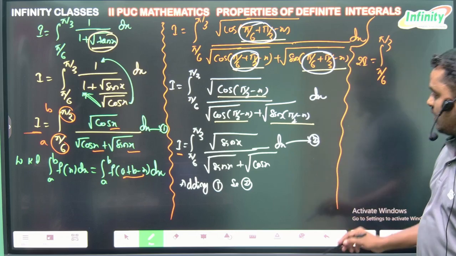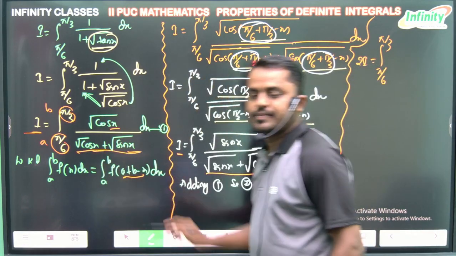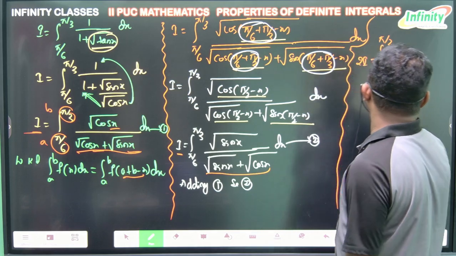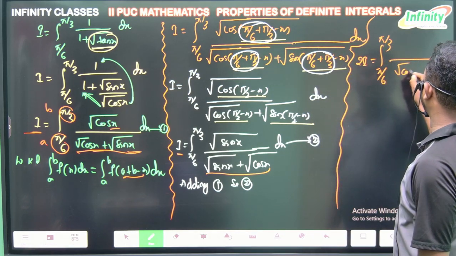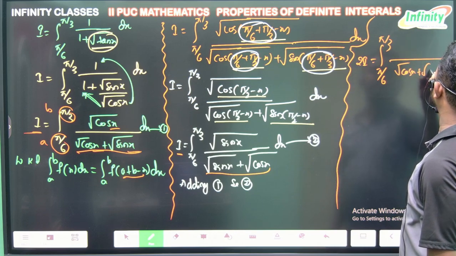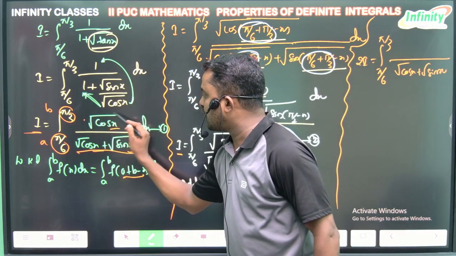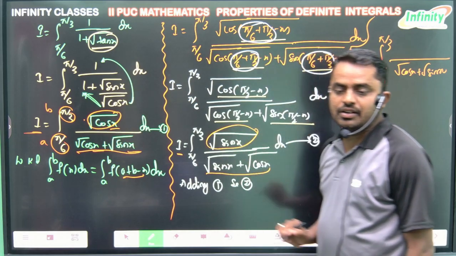Now the denominator of equation 1 and the denominator of equation 2 are the same, so write it as it is: root cos x plus root sin x. And add the numerators.